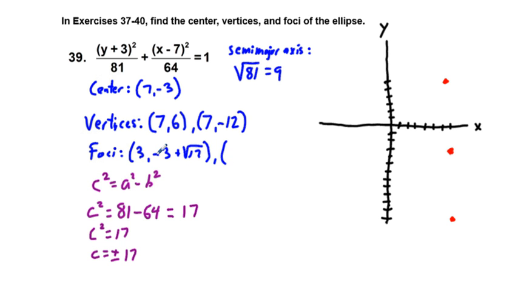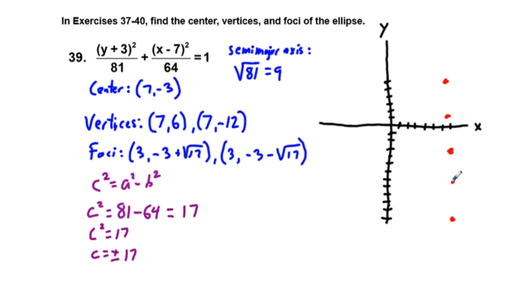And then our other focus is going to be located at 7, comma, negative 3 minus square root of 17. Well, square root of 17 is just a little bit bigger than 4, so our foci are going to be located just a little bit over 4 up, so right here, and down. Let's see, 1, 2, 3, 4, about here.